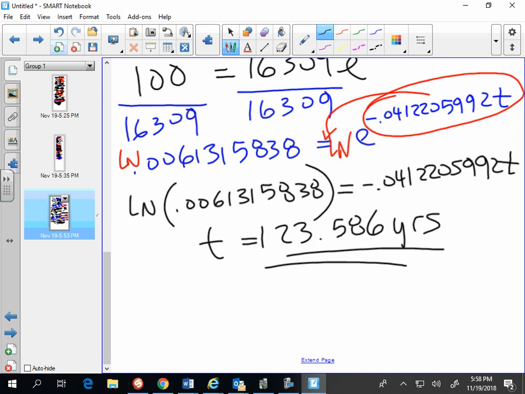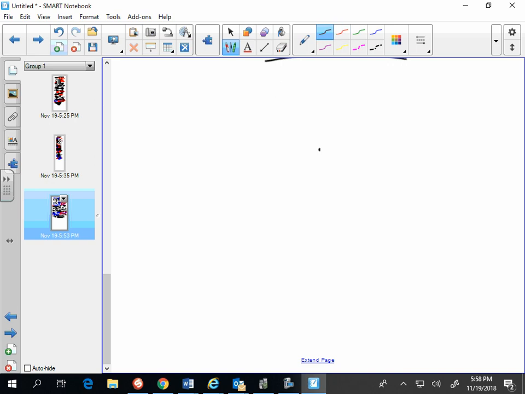Okay, let's take a look at problem 8. Problem 8 is a little hard to understand. It says that the tinted glass reduces sunlight intensity by 20% per millimeter of thickness.